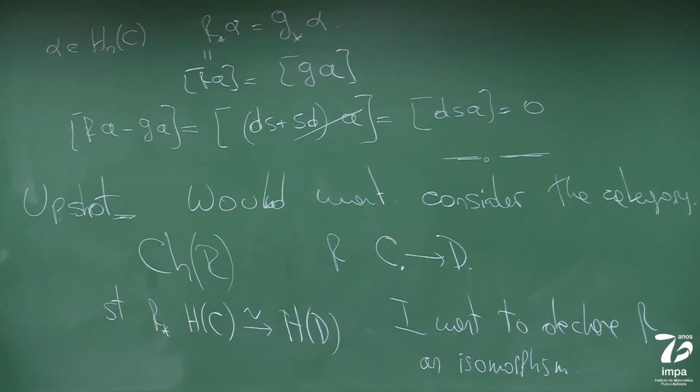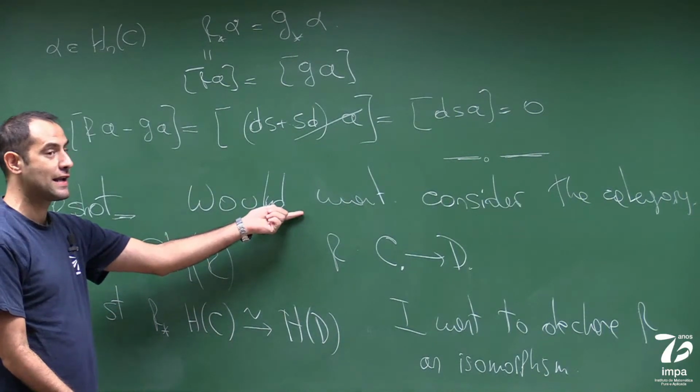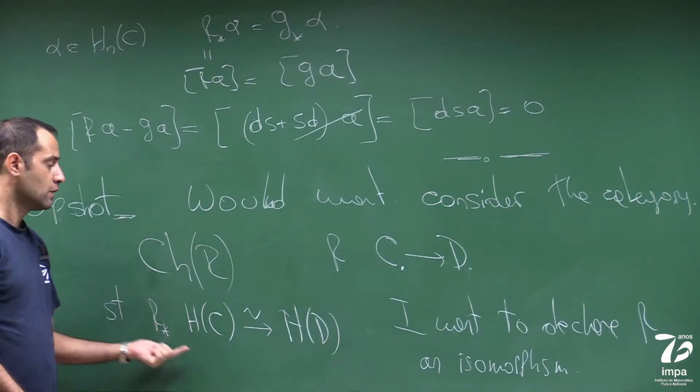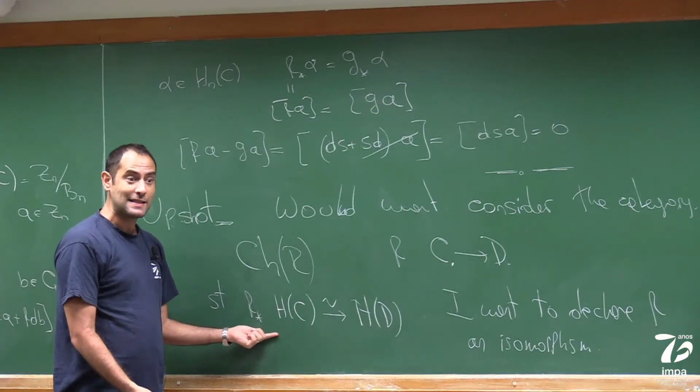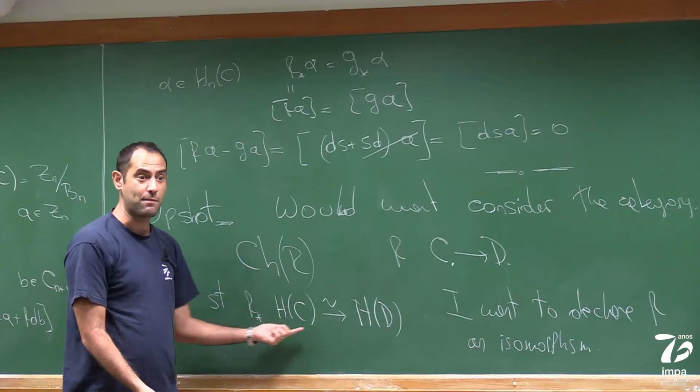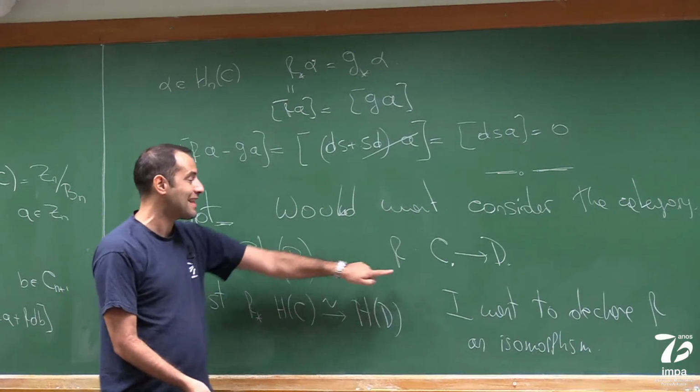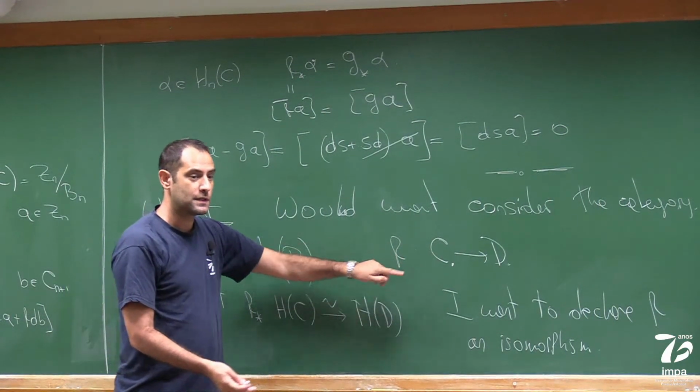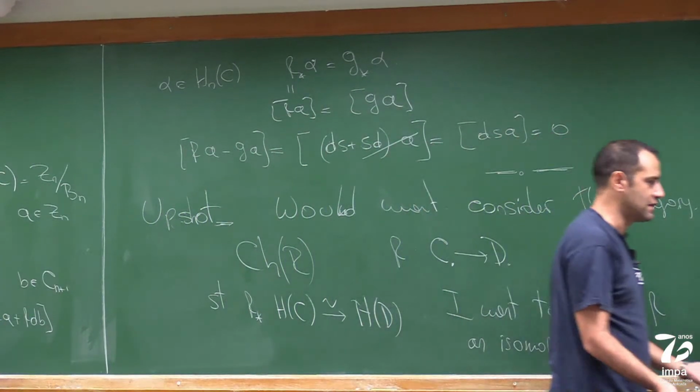So that would be something like considering the class of complexes modulo those complexes that are quasi-isomorphic. This is stronger than saying modulo those complexes that have the same homology, because I am requiring that F exists to start with.